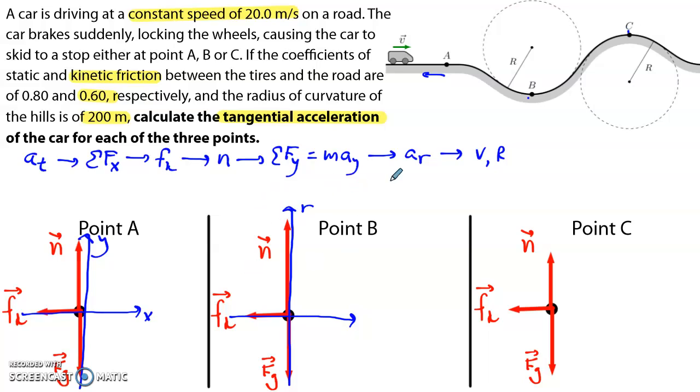So for point B, it's pointing up. And the other axis is the direction of the velocity, so we call this the t-axis, the tangential axis. Same thing for point C, the tangential axis will be horizontal, but this time the center of the circle is towards the bottom, so our r-axis will be pointing down. This will become useful in the next slide when we start to do the direction of motion.